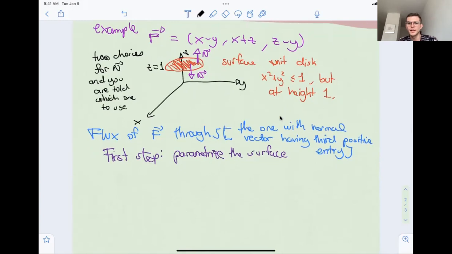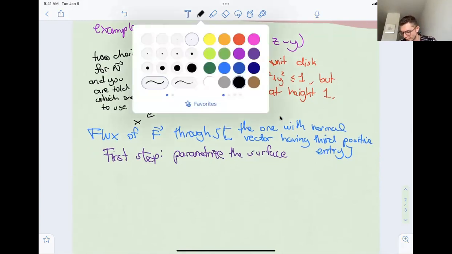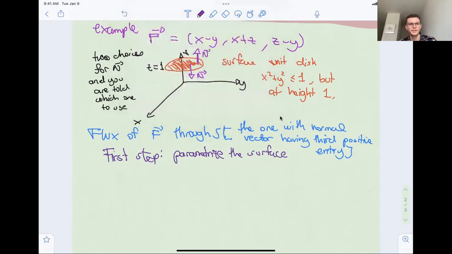Putting that aside, how would you parameterize this surface, the disk? What's a useful parameterization? Yeah, you can use polar. Good, excellent. In polar coordinates, x becomes r cosine of theta, y becomes r sine of theta, and what happens with z? What can you replace that with in this case?